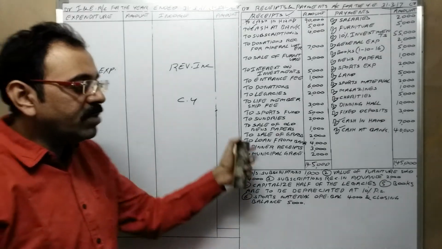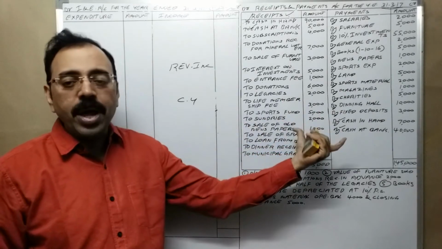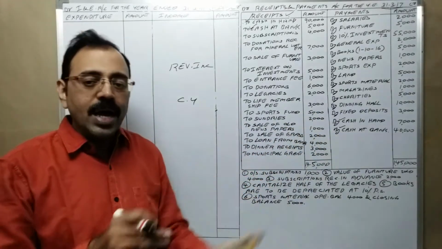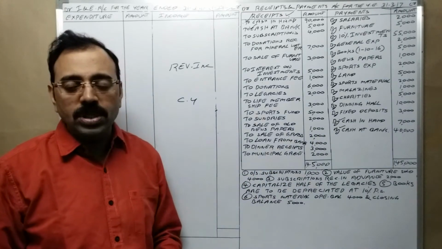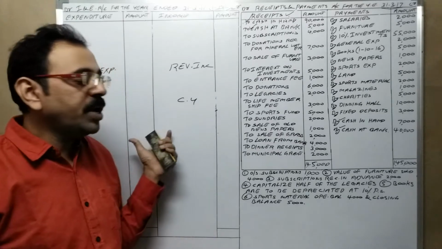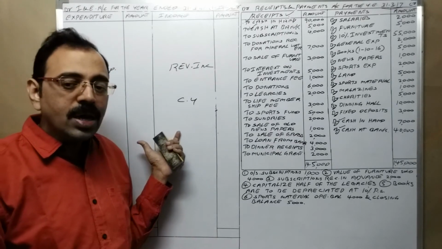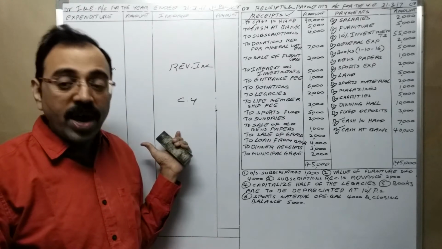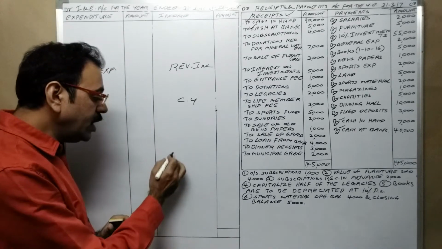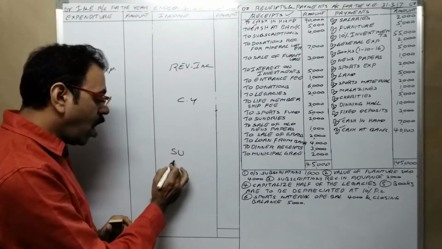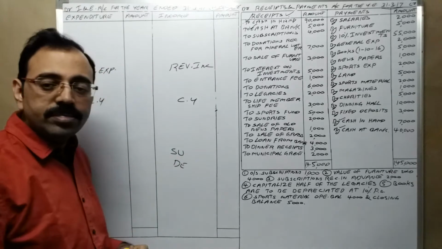So what is the second difference? Receipts and payments account contains current year amounts, previous year amounts and next year amounts. But income and expenditure account contains only current year amounts. Why? Because we want to know the current year surplus or deficit.